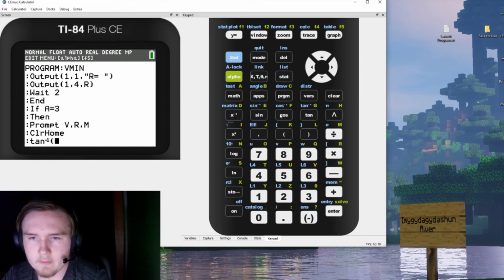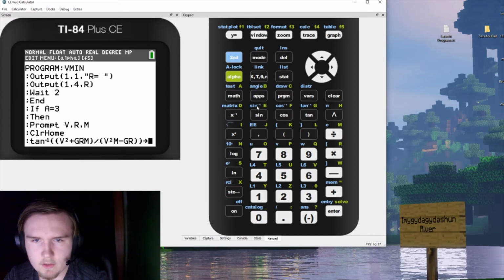And you're going to do antitangent, 2 parentheses, V squared plus GRM. Close the parenthesis, divide that by, open parenthesis, V squared M minus GR, 2 closing parentheses, and store that to theta.